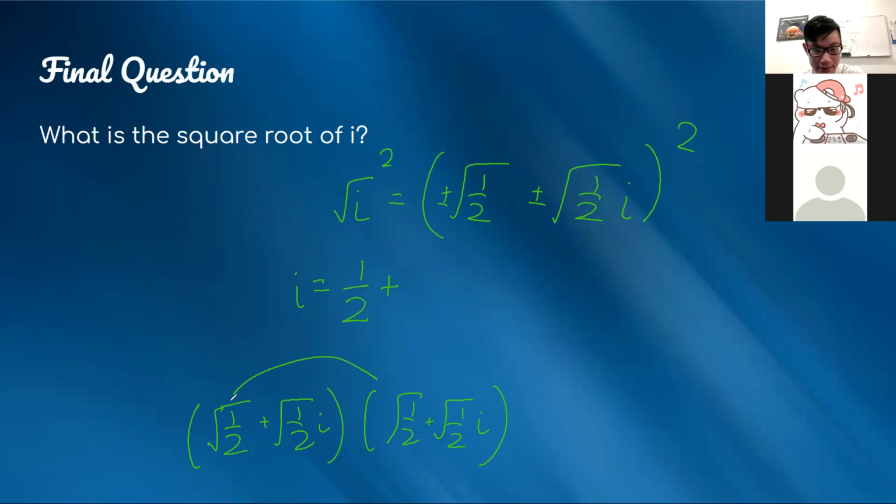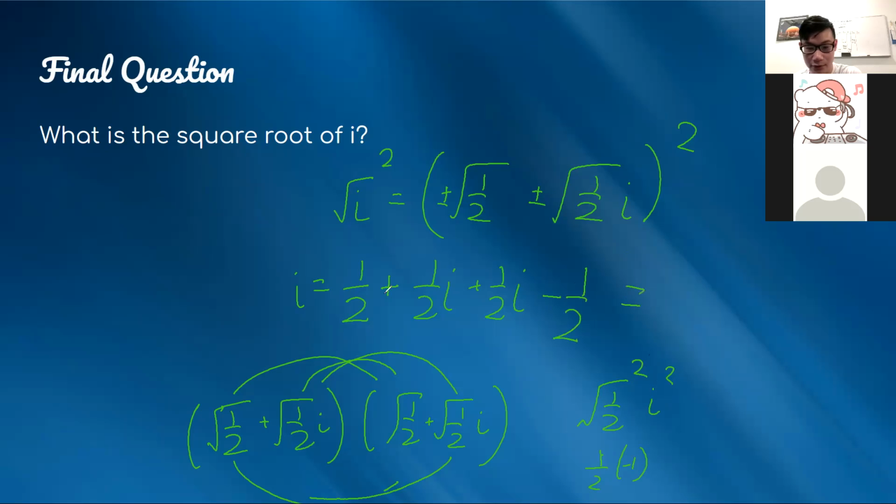So we're doing this times this, which is 1/2, and then this times this, which is 1/2 i, and then this times this, which is also 1/2 i. And then we'll do this last part. Square root 1/2 i times square root 1/2 i is just this, and the square roots cancel out, right? So we're just left with 1/2 i squared, and i squared is -1. So we're left with -1/2.